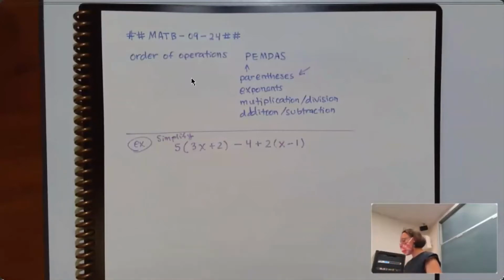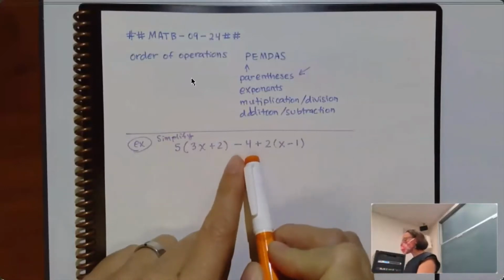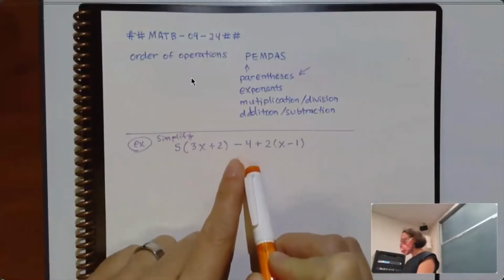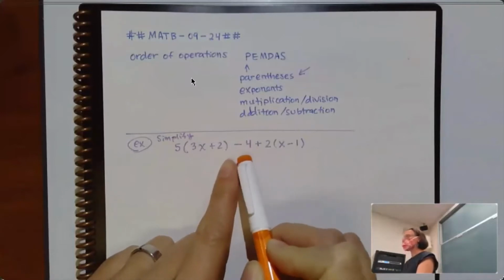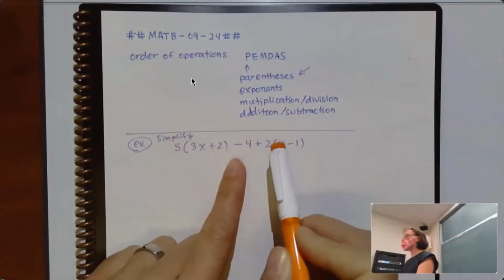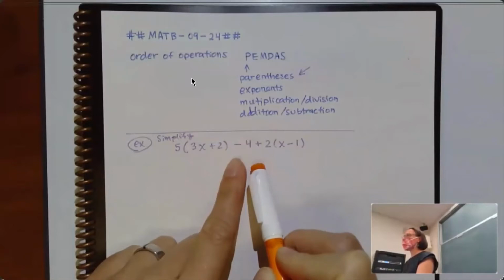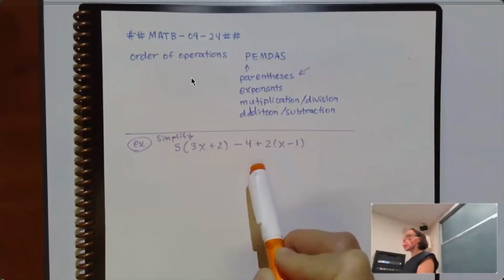I will point out a super common visual mistake that people make every day. It's really easy for your brain to see this -4 and +2 and simplify that to be a -2. Just be on the lookout for that.